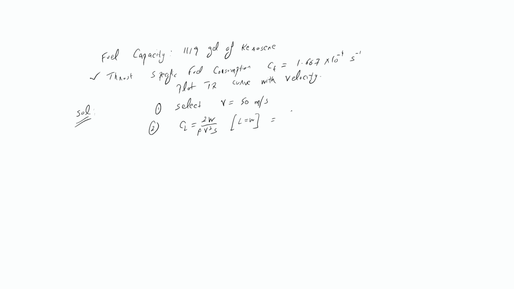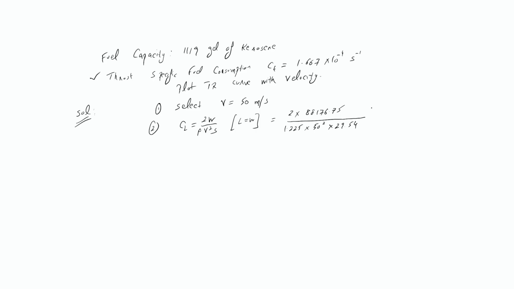So this equals 2 into 88176.75 divided by density. If it is not given, we always know at sea level it is 1.225. Velocity we consider 50 meters per second into 29.54, which is the area.